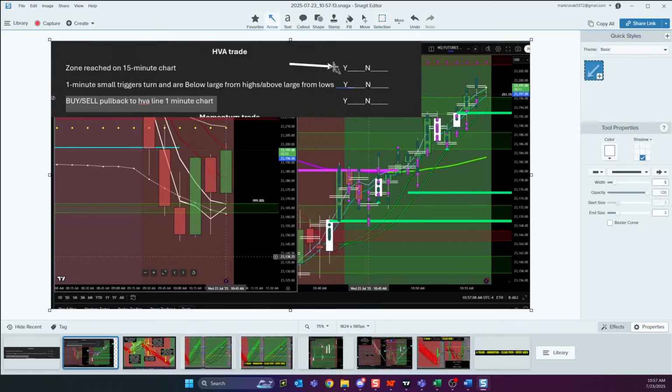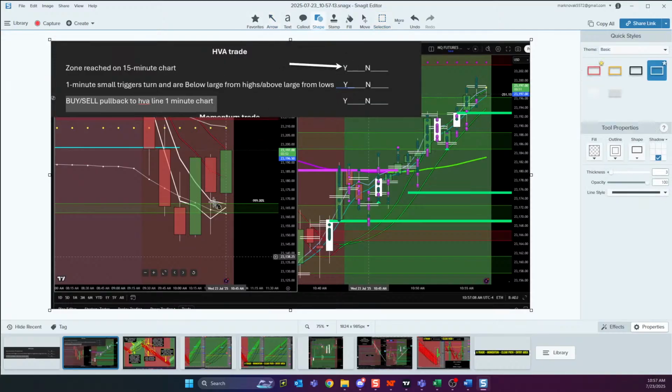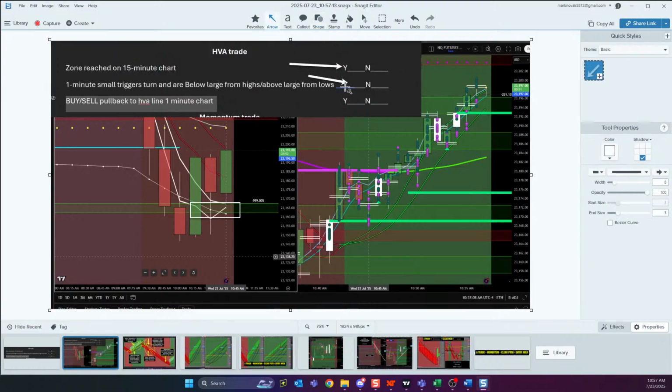Zone reached on the 15-minute chart. Absolutely. 1 minute small triggers turn are below large from highs above. Man, they did turn, and they actually turned into odds favorable momentum, which is just bonus. Buy or sell pullback to HVA line on 1 minute chart. Right there.